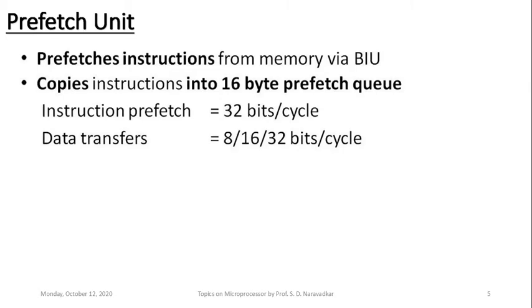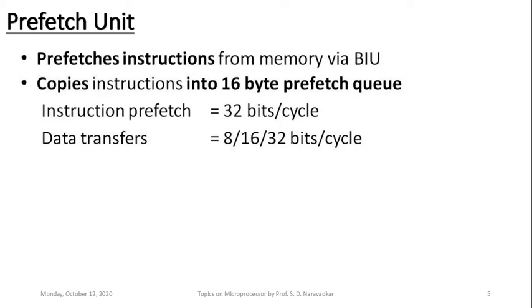That's why through that external data bus, whenever read or write operations are to be performed pertaining to data, it can be 8 bit, 16 bit or 32 bit per cycle, but instruction prefetch will always be 32 bit per cycle.